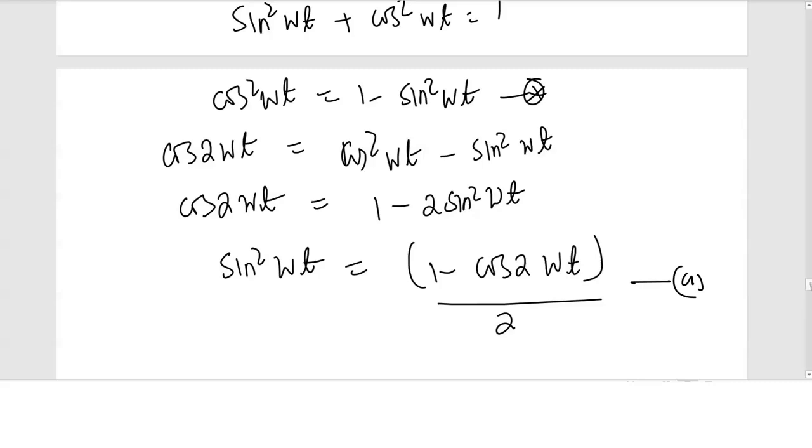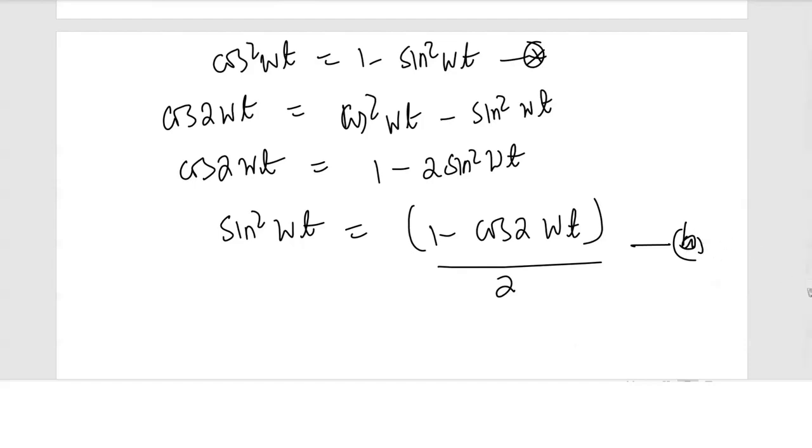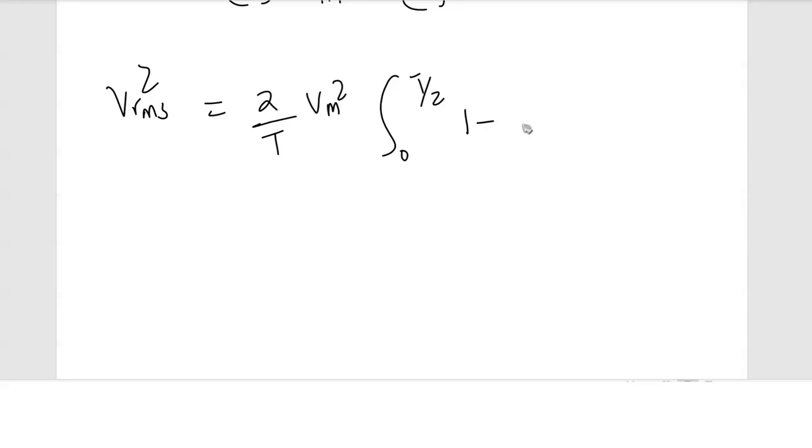Let us call the first identity A, and this one B. So we put B in A. That means your VRMS squared will equal 2 over T Vm squared integrating from 0 to T/2 of (1 minus cos 2 omega t) with respect to t, and of course everything is divided by 2.